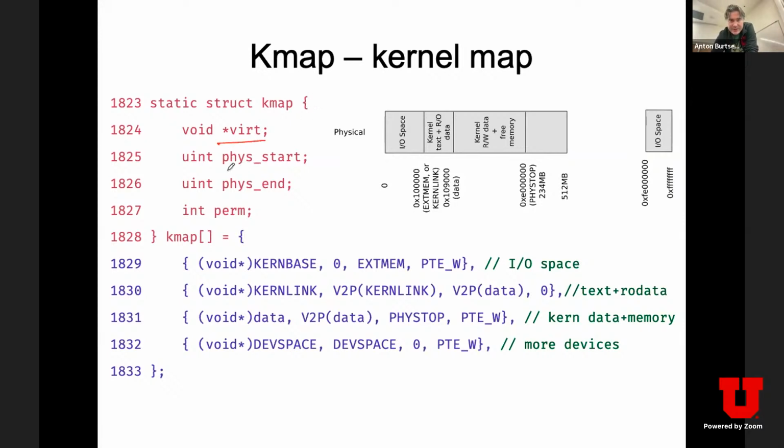It has a virtual address, physical address, and permissions. And it literally has only 4 entries, like from kernel base, from 0 to extended memory, which starts here, and essentially with the write flag primitive. So we don't really have to spend too much time, but these 4 entries essentially encode these 4 regions.